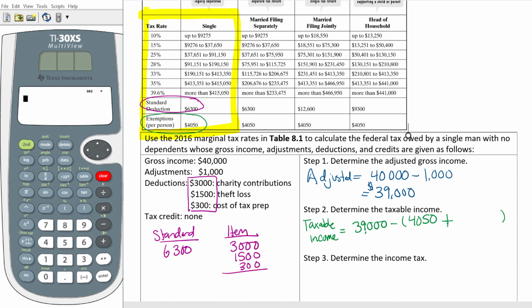And we're going to add all of those up, and that just gets us 4,800.